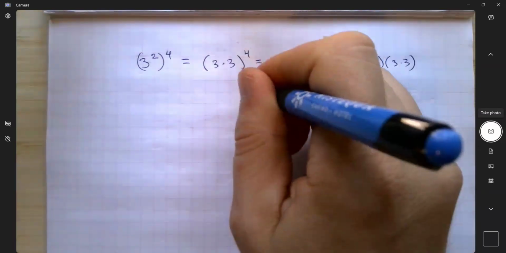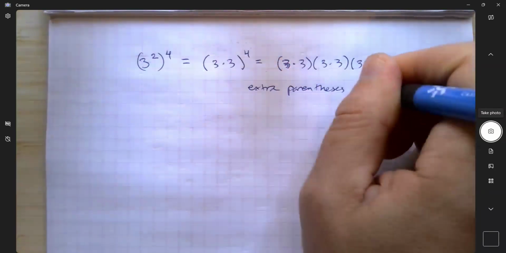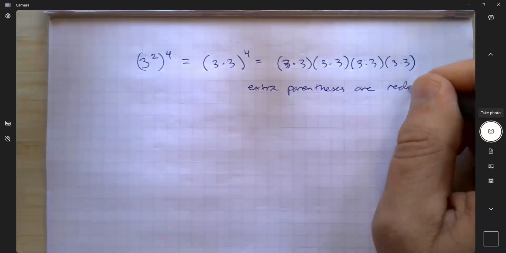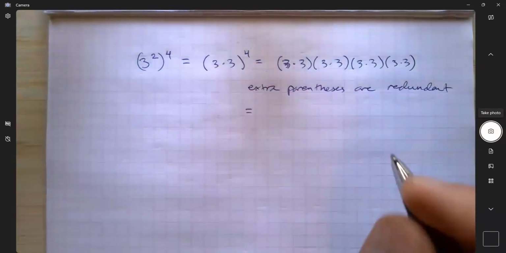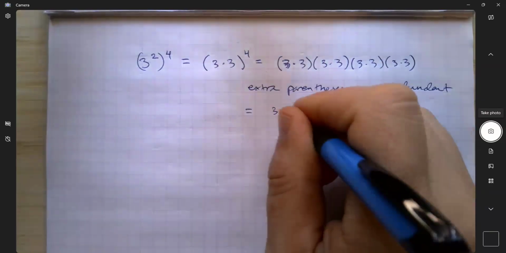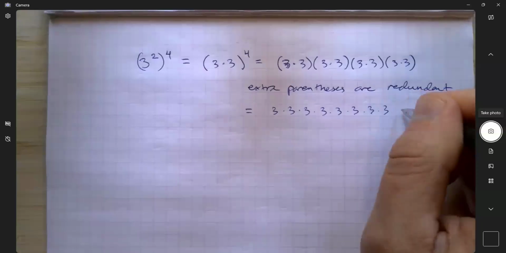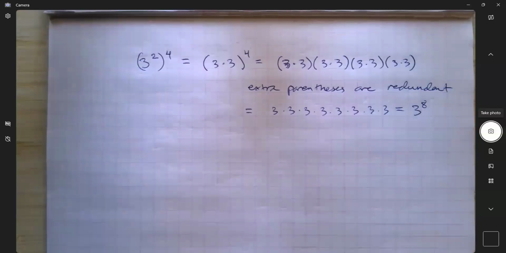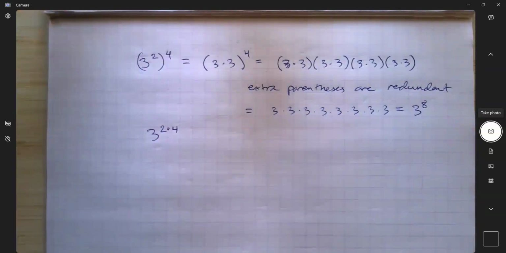Well, these extra parentheses are redundant, so I can just remove them and write all the 3's in a long row, all multiplied together, and I have 8 powers of 3. And 8 is exactly 2 times 4.